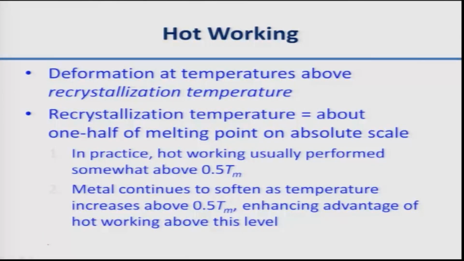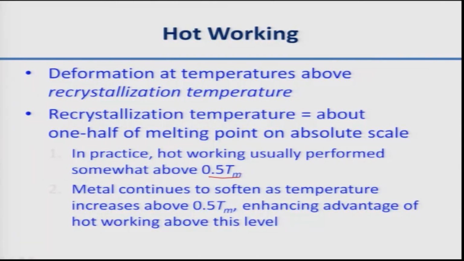So working or forming can be done by hot working, at a temperature higher than about 0.5 of the melting temperature of the material. For steel, suppose the melting temperature is about 1500 to 1600 Celsius. So any temperature beyond 800 is known as hot working for steels. That means steel will be heated to about 900 to 1000 Celsius and then deformed.